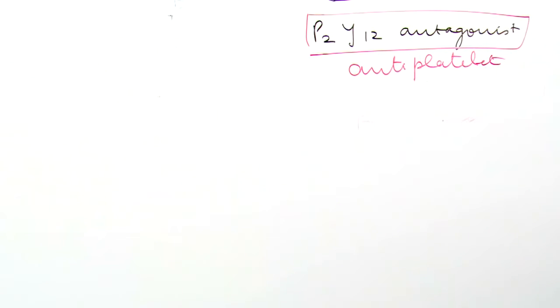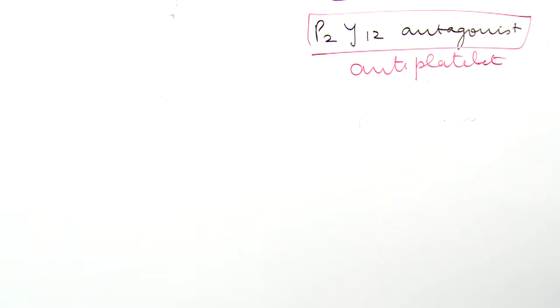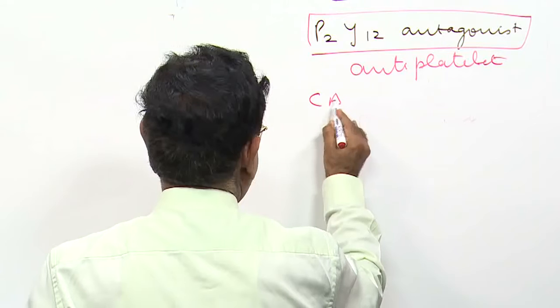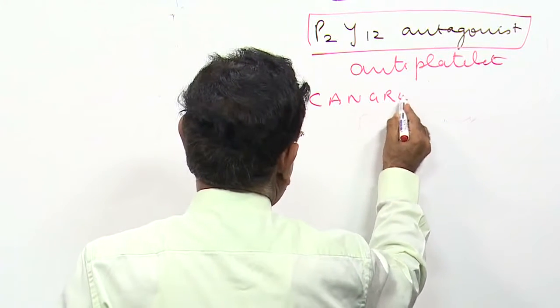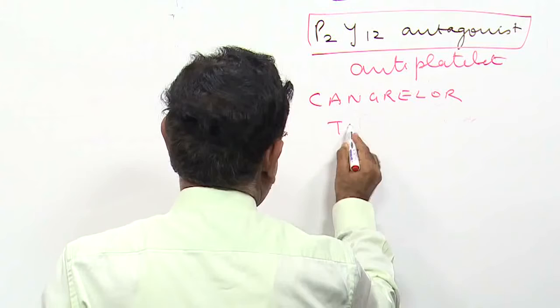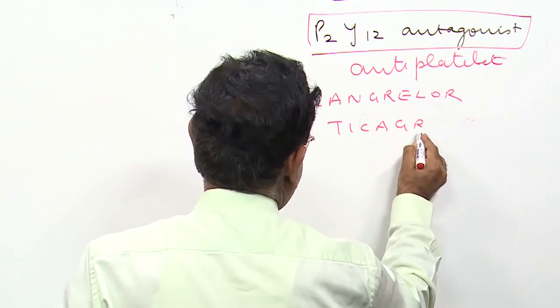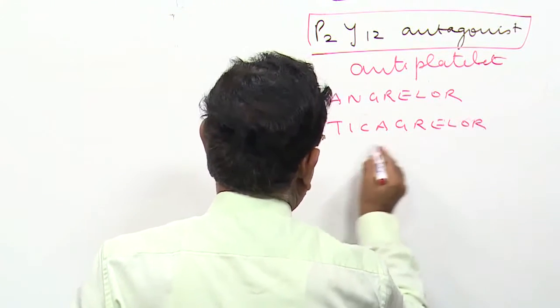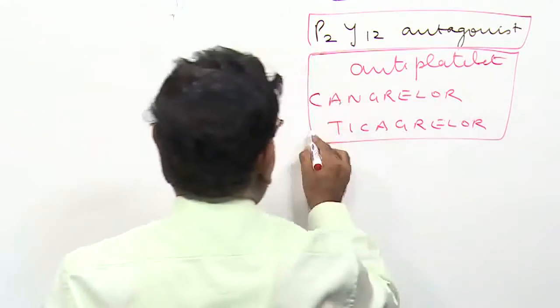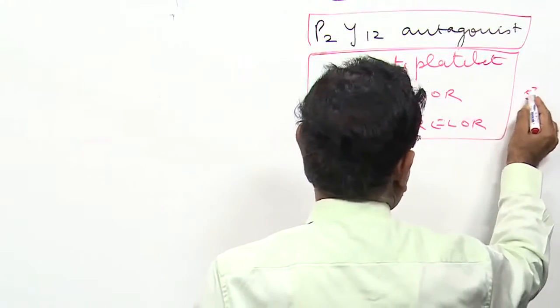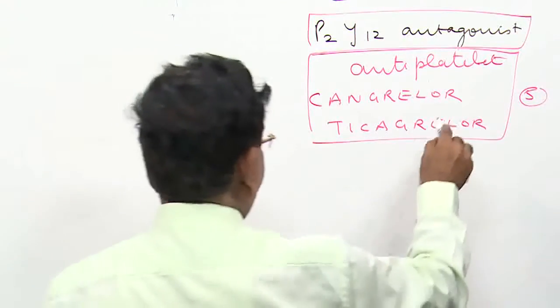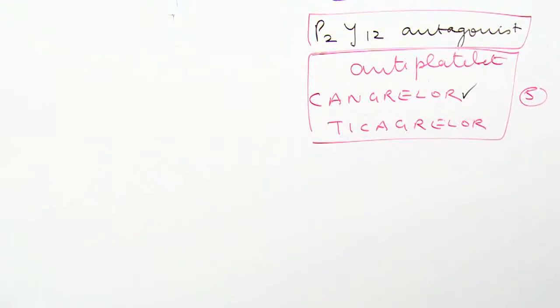They include cangrelor and ticagrelor. This is box number 5. Now these drugs are being widely used in coronary artery disease also. So P2Y12 antagonists, antiplatelet drugs, cangrelor and ticagrelor are the drugs that we talk about.